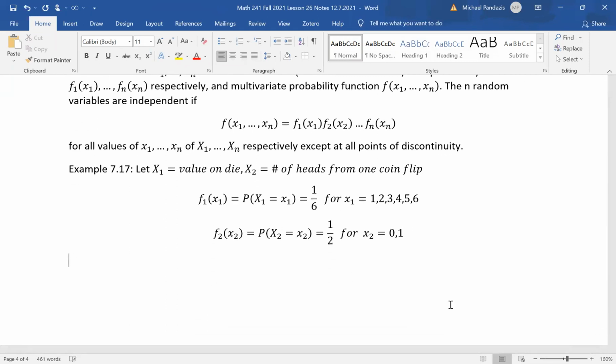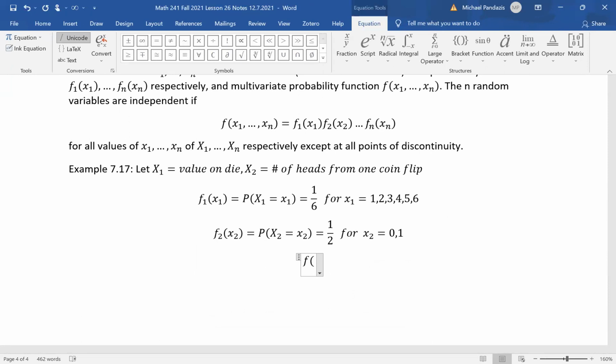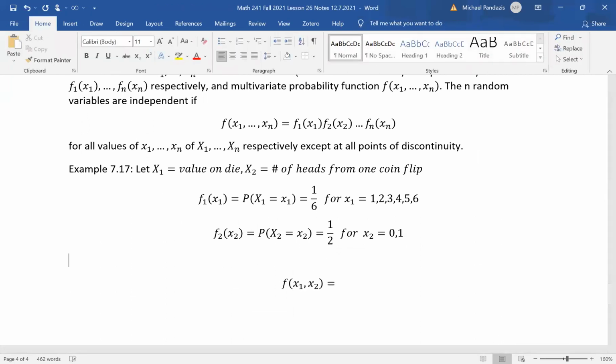So f of x1, x2 is equal to... well, flipping a coin and rolling a die are two independent events, right?